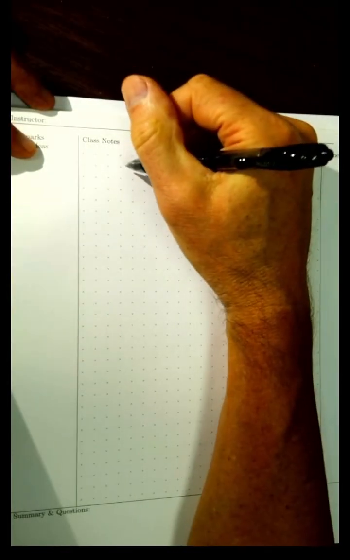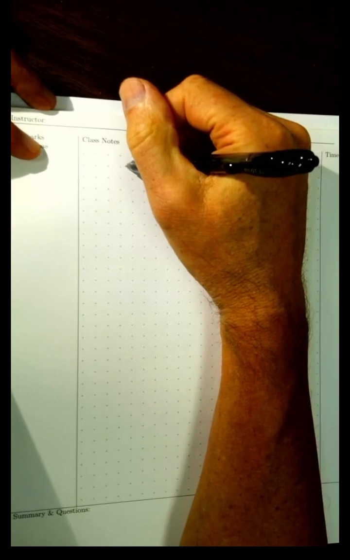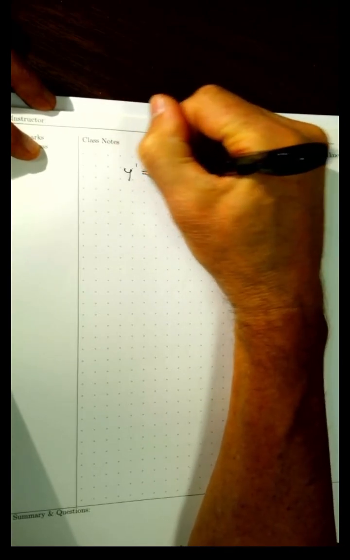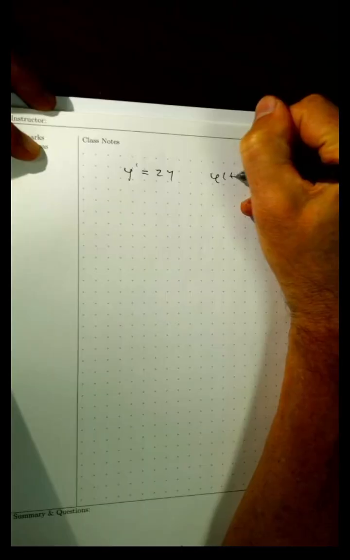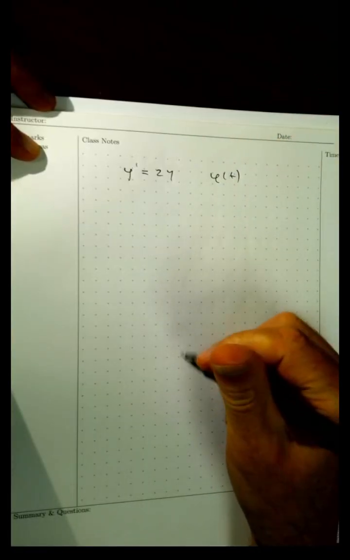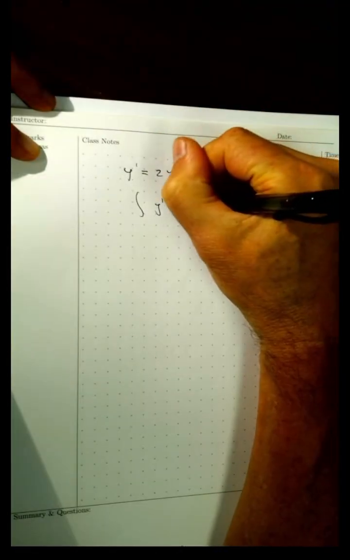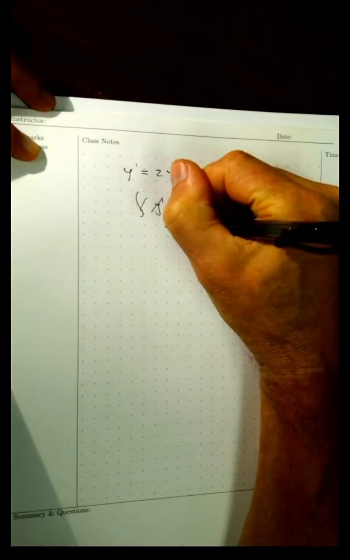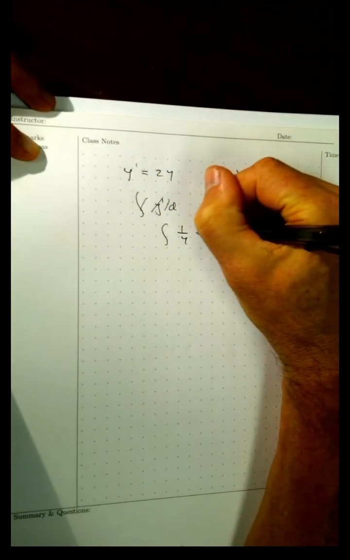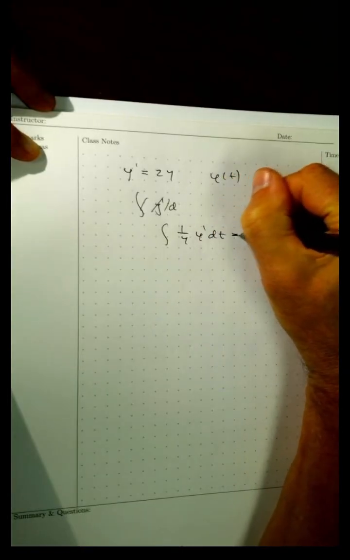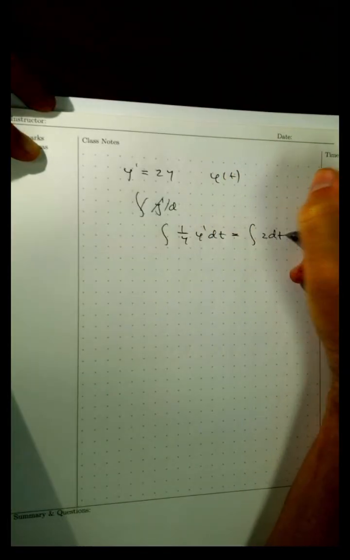All right. So now, just be a little bit careful here. We started with this thing. We're looking for y of t. Where did that constant come from? So I divided both sides by y to get this.